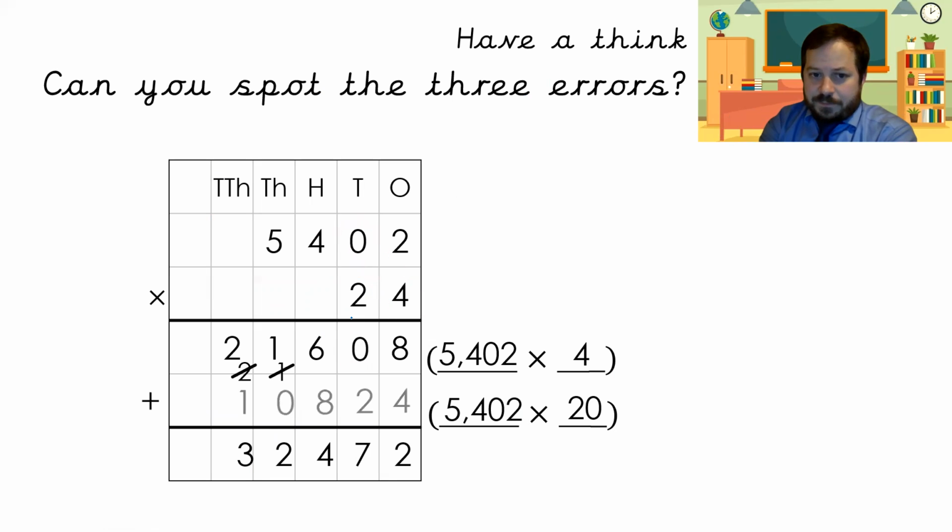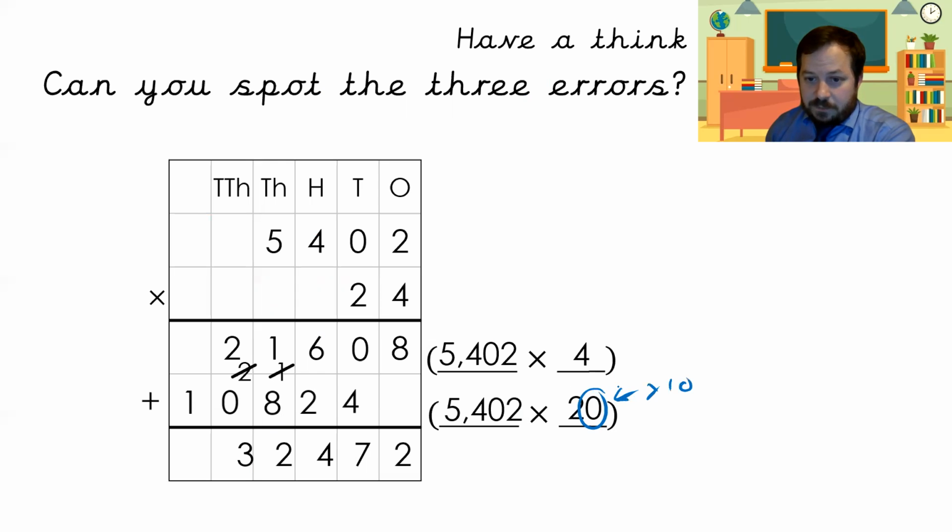The next one is that we didn't times here by this 10, did we? We didn't do this timing by 10, and we need that 0 in place there. And that's the one that classically people get wrong. And the next one is this 2. 2 times 0 isn't 2, it's 0.